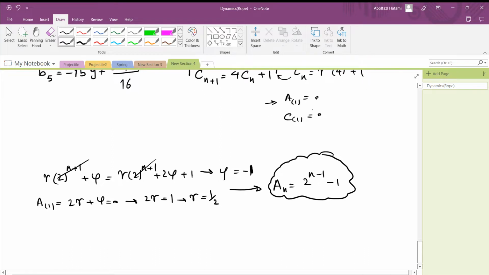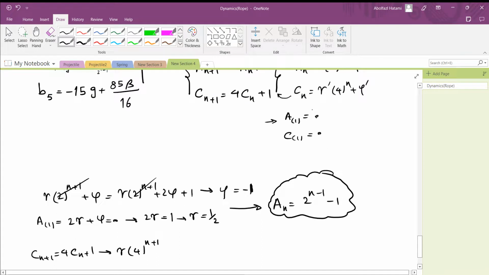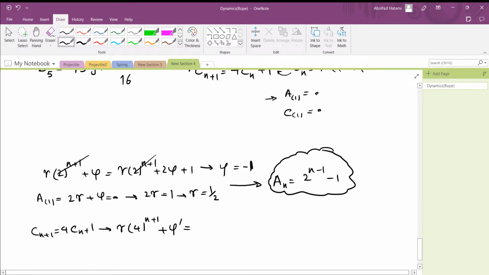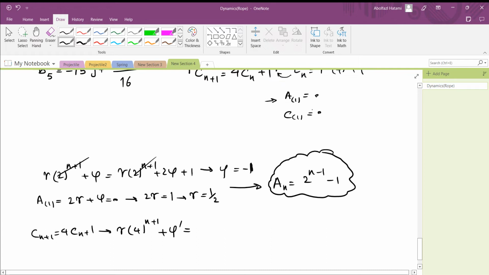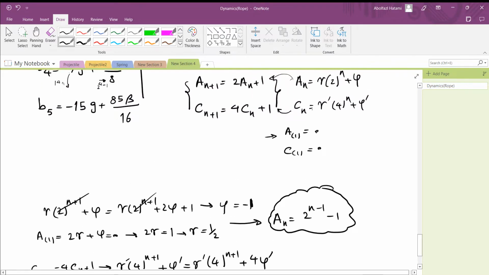Also we can obtain c, where c_{n+1} is going to be 4 times c_n plus 1, so gamma times 4 to the power n plus 1 plus phi prime is going to be 4 times c_n. 4 times c_n is gamma prime times 4 to the power n plus 1 plus 4 phi prime plus 1.